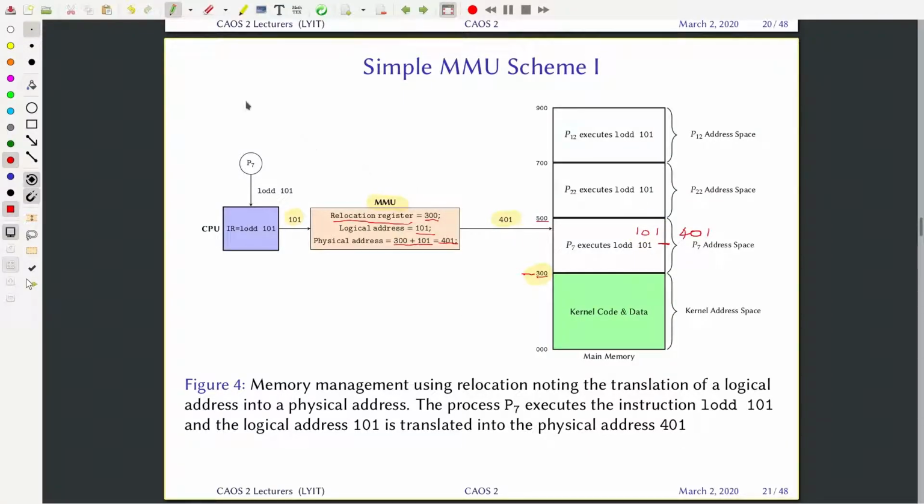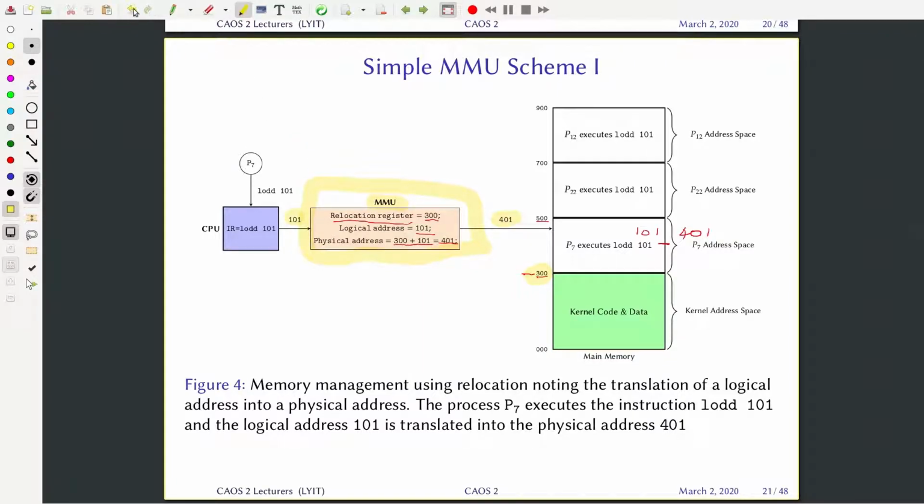So this is pretty neat. It means that the process can reference its own internal address space, and then the memory management unit takes care of the low-level mechanics of translating that logical address into a correct physical address.